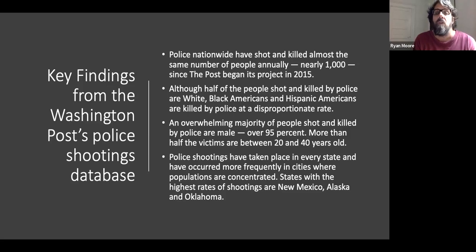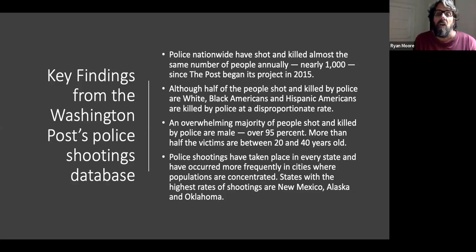Obviously, not all, but much more disproportionately. And again, that points us back to this question of perception and who is seen as a threat, and who is seen as potentially violent or something of that matter.